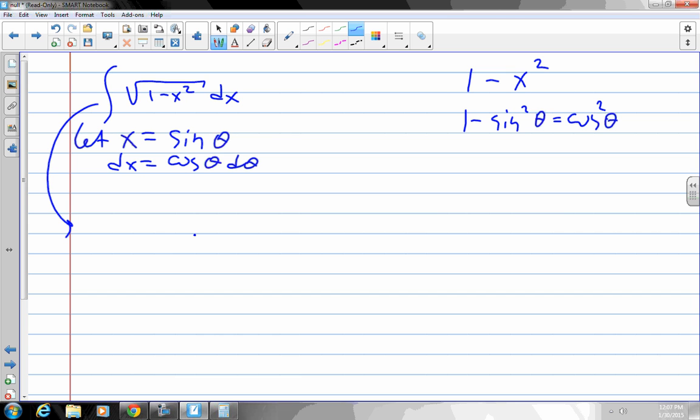Then if we make a substitution, I'm doing this as an indefinite integral because who cares? So that becomes the square root of 1 minus sine squared theta, then you have cosine theta d theta.